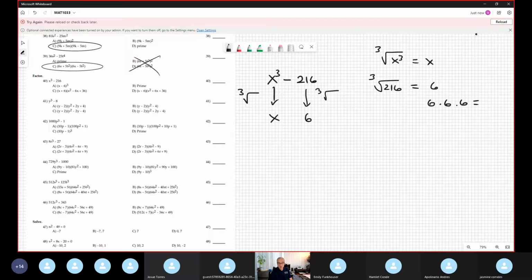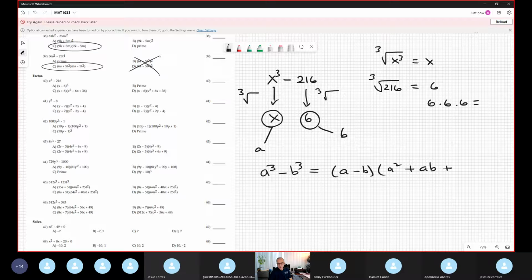In my mind, this one represents A in the formula, and this one represents B. The formula says, and I want to copy it: A cubed minus B cubed is equal to A minus B, times A squared plus AB plus B squared.